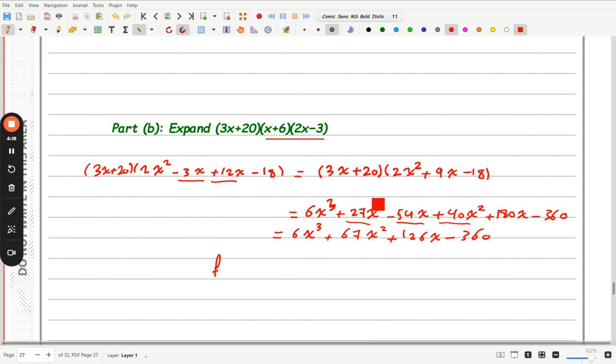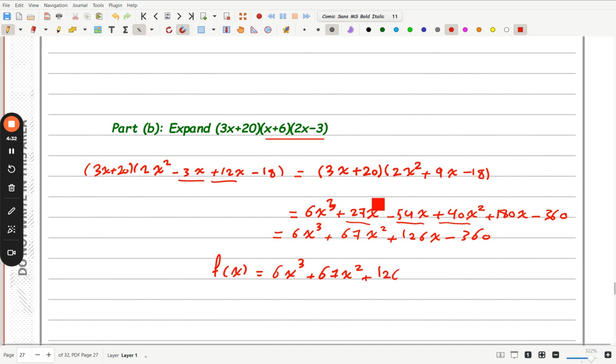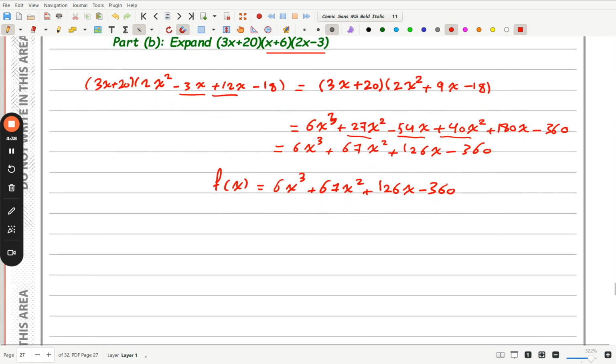So f of x here equals 6x to the power of 3 plus 67x to the power of 2 plus 120x minus 360. So this is part B.